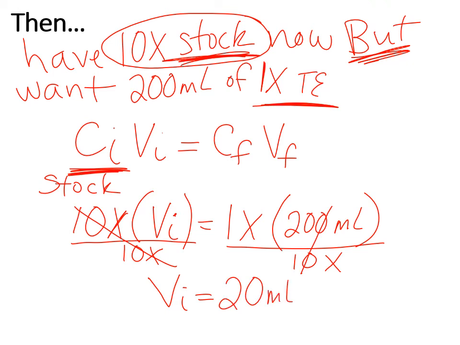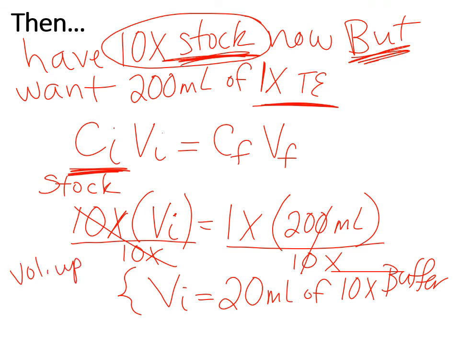So you need 20 ml of 10x buffer. Okay, and you would volume up to the 200 ml mark with water. Okay, so that last part you always put volume up to the final amount, 200 ml mark with H2O. Okay, so never forget the volume up step.